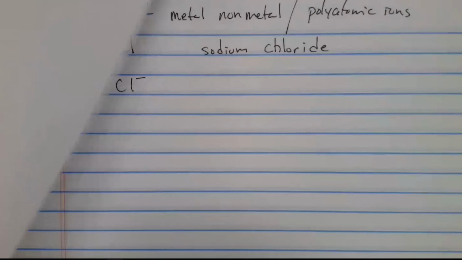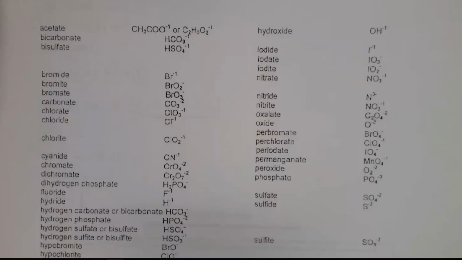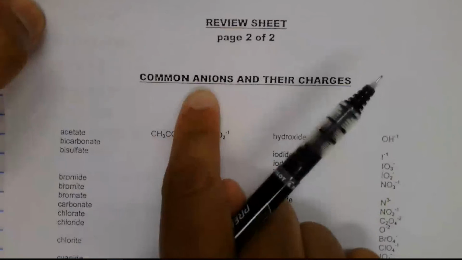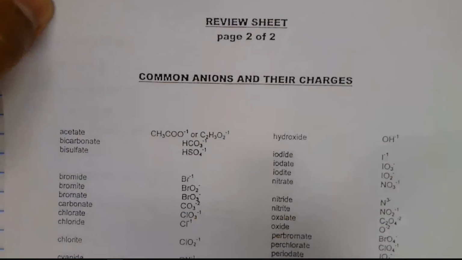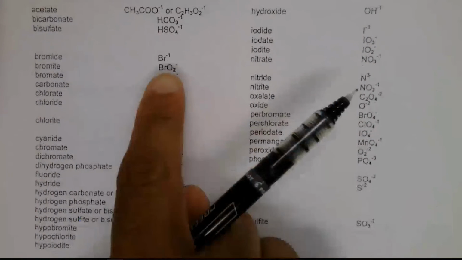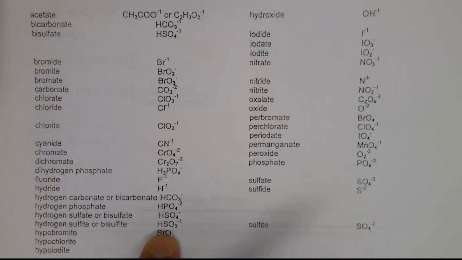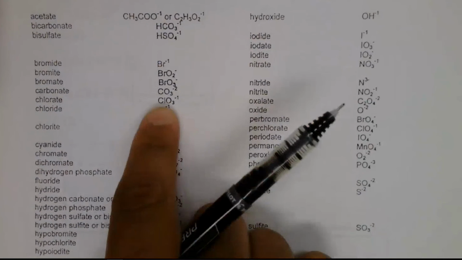And I'll show you the second page. Some of you may have noticed already. We have several anions. Anions are negatively charged. There's several polyatomics. So you'll notice a lot of these have more than one atom, right?